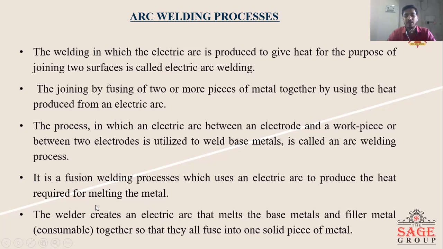After melting, the two surfaces fuse and stick together. The welder creates an electric arc with the help of the electric supply, and the arc melts the base metal and the filler metal together so that they fuse into a solid piece of metal.